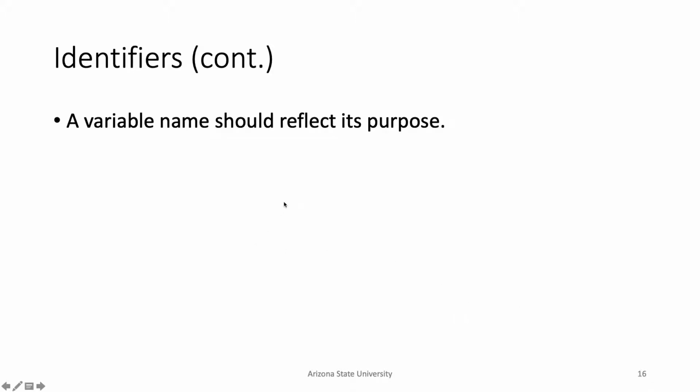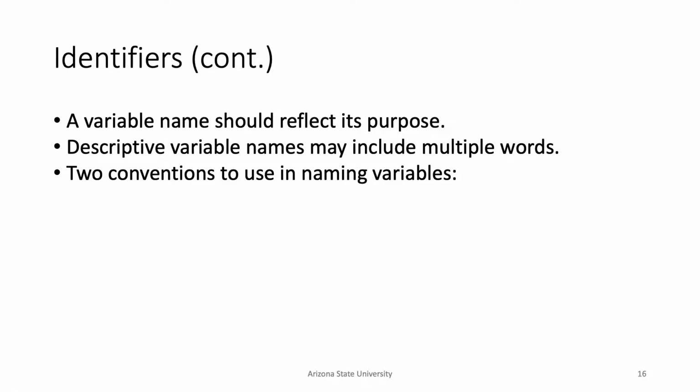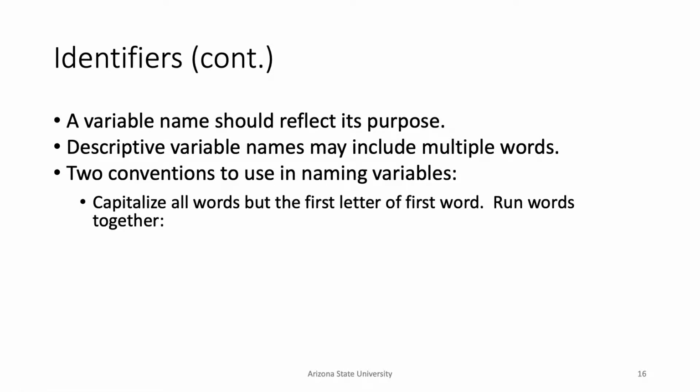The variable name should reflect its purpose, as you might expect. You can have multiple words here. The words are not really words, since it's all one word, but here's the convention. One way is to capitalize all words but the first letter of the first word. So if I have an identifier name like quantityUnordered, it's saying quantity unordered, even though that's just one long name, it indicates to us three different words. Or totalSales, that's another way.